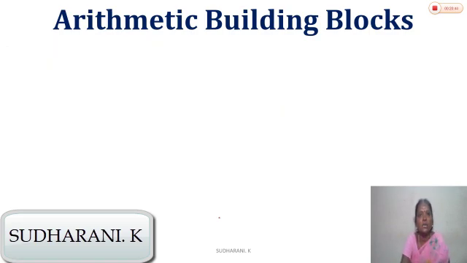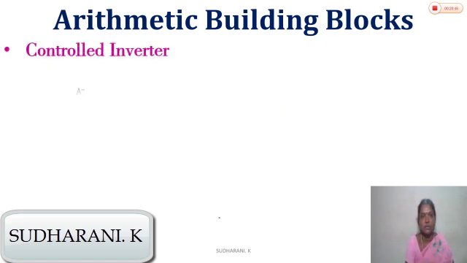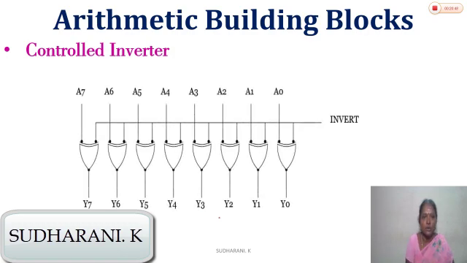So the logical circuit that corresponds to the controlled inverter is shown. We have a control signal, say invert, and we have an 8-bit input represented as A0 to A7, and the output is represented with Y0 to Y7.